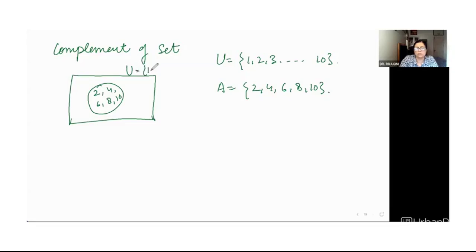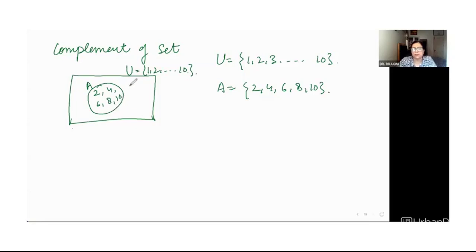U is from 1 to 10, right? So now see, this is U. All the elements from 1 to 10 are inside this rectangle. But A only contains these 5 elements inside it.